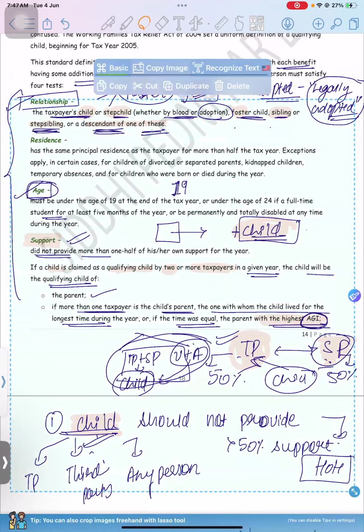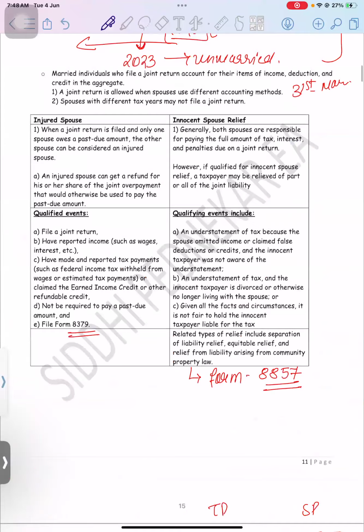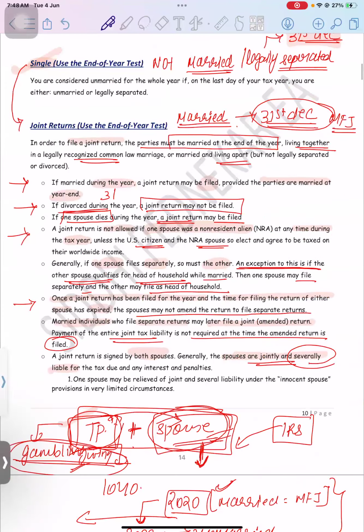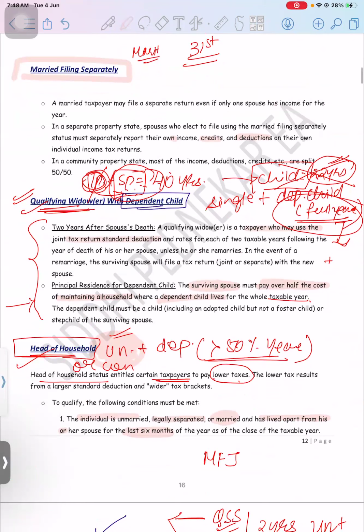See, now let me check the QSS. Okay, where it is mentioned is a qualifying surviving spouse is a taxpayer who uses the joint return standard deduction and rate. See, the surviving spouse must pay. Here it is mentioned the spouse must pay half of the cost.